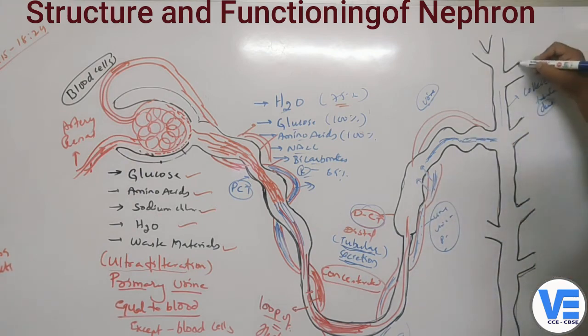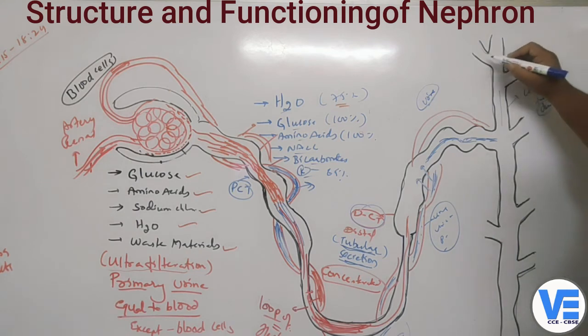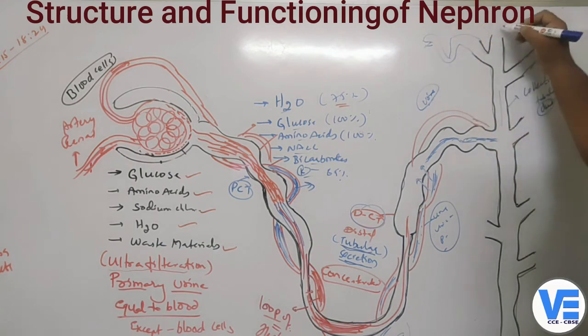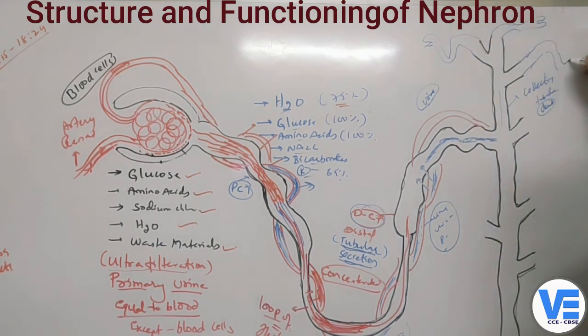In the same way, each and every opening like this that I have drawn is connected to some of the nephrons. So from each and every nephron, whatever urine is there will be collected into this duct, and that is the reason why we call it the collecting duct.